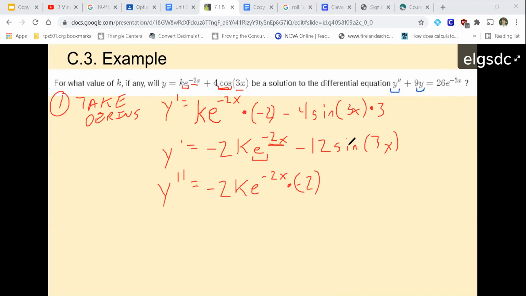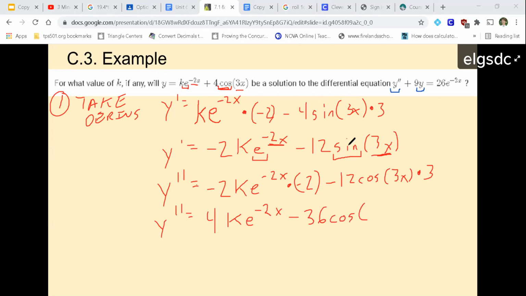For the derivative of the second term, derivative of sine is cosine, multiplied by the derivative of the inside, the derivative of 3x is 3. We get positive 4k e to the negative 2x minus 36 cosine of 3x.